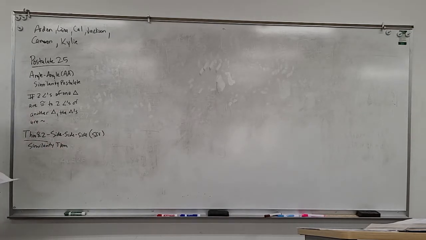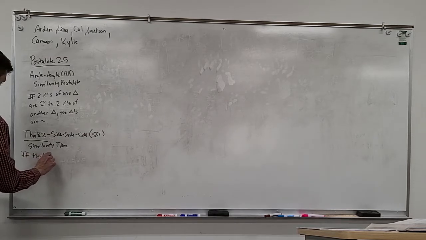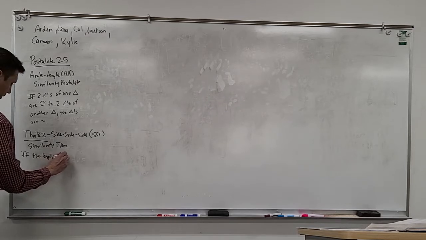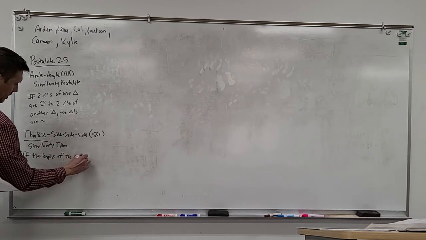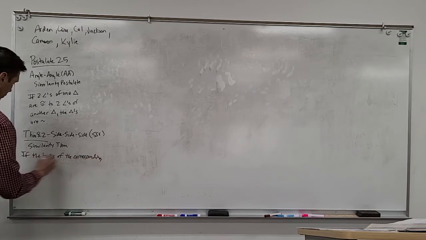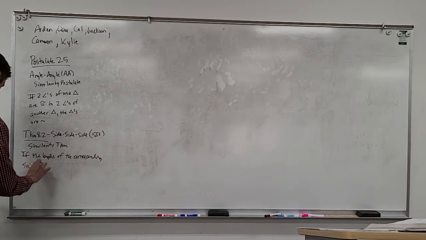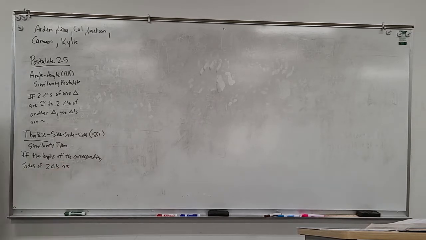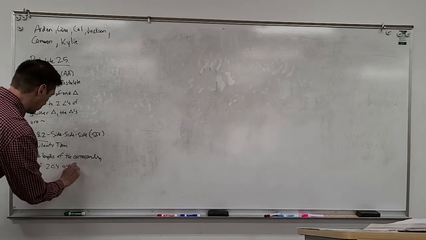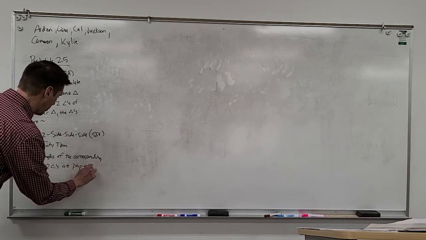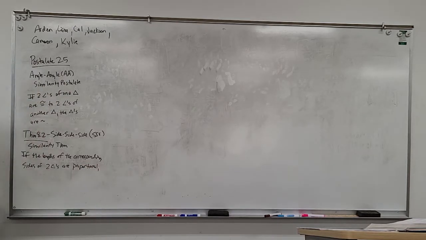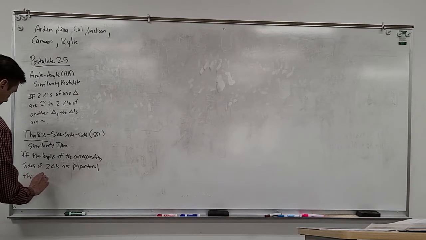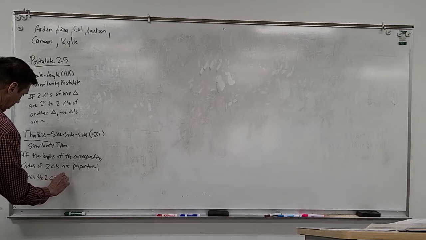unlike the congruency one, we're saying that if the lengths of the corresponding sides of two triangles are not congruent, but are proportional, big words, yep, are proportional, then the two triangles are similar.